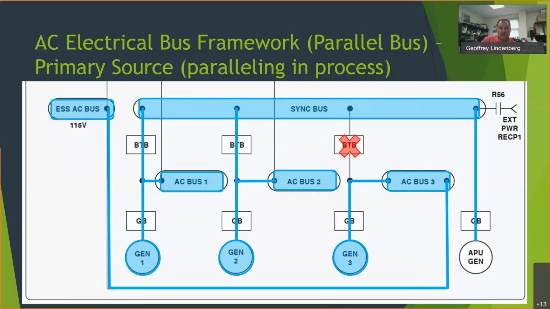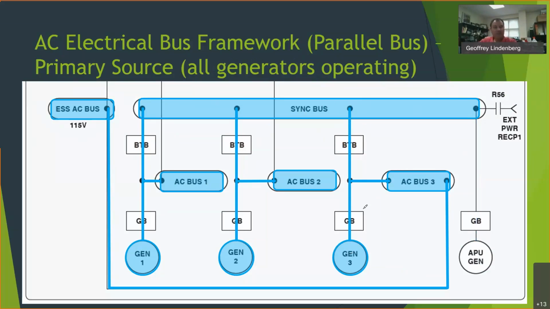They're called sync lights, and the syncing lights go out. And at that point then we can close the third bus tie breaker. And now all three generators are powering their buses, but they're also powering the sync bus. And this is the normal configuration that the airplane would be in flight on its primary sources.